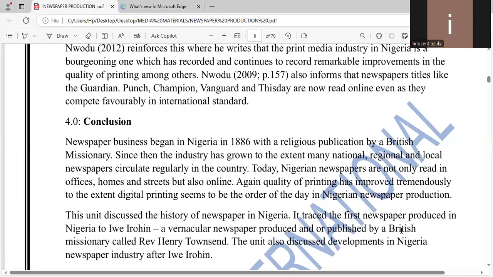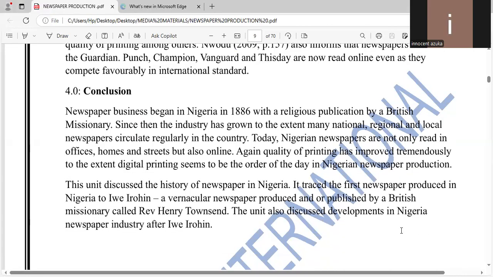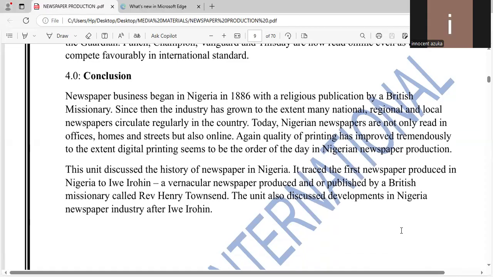The newspaper business began in Nigeria in 1886 with a religious publication by a British missionary. Since then, the industry has grown to the extent that many national, regional, and local newspapers circulate regularly in the country. Today, Nigerian newspapers are not only read in offices, homes, and streets, but also online.